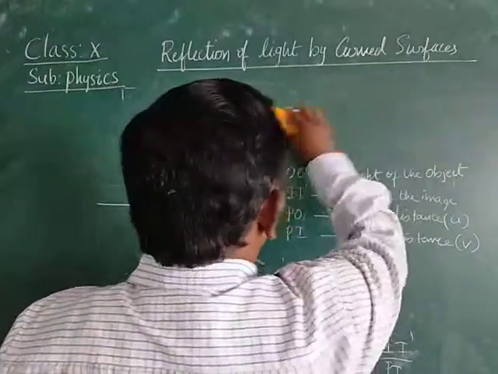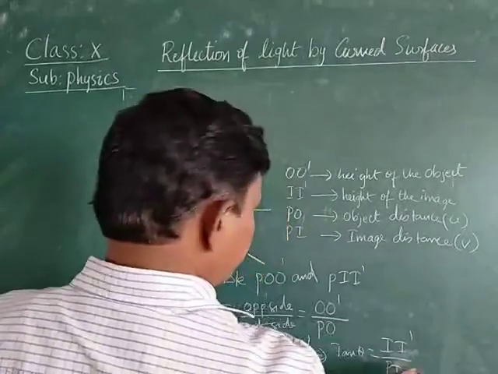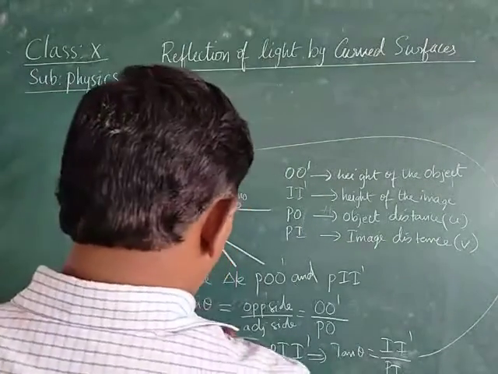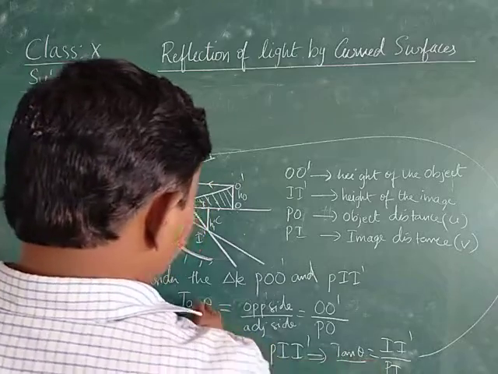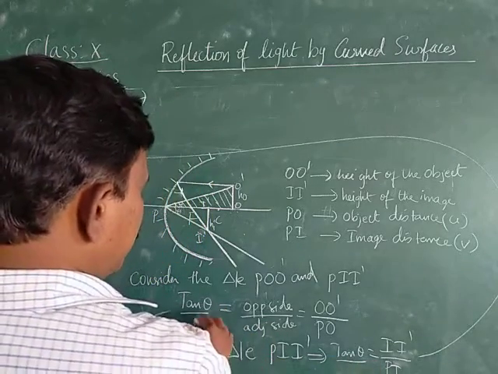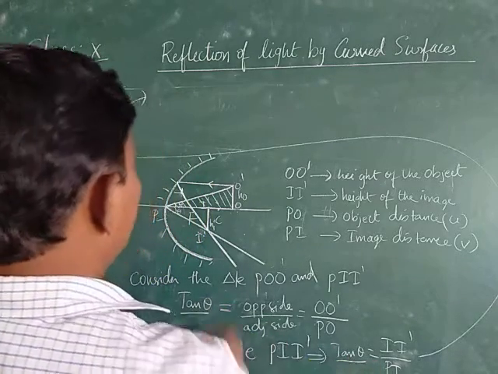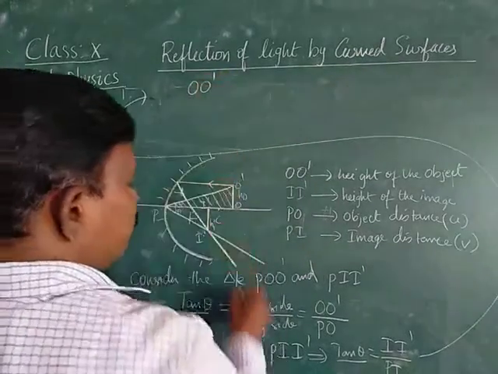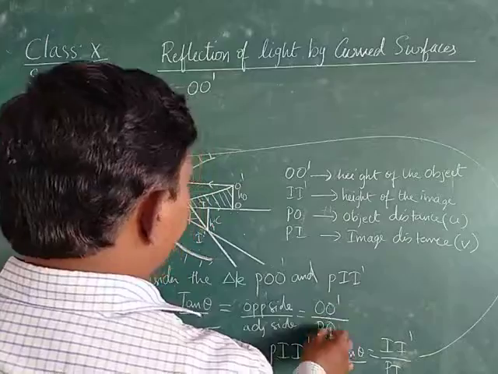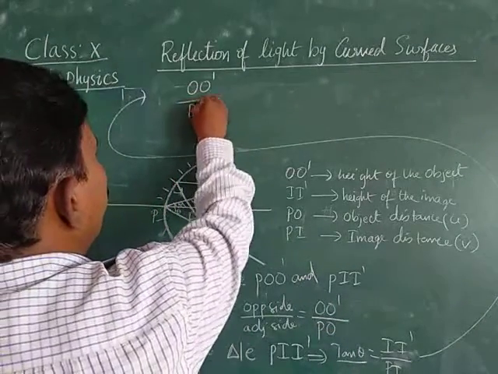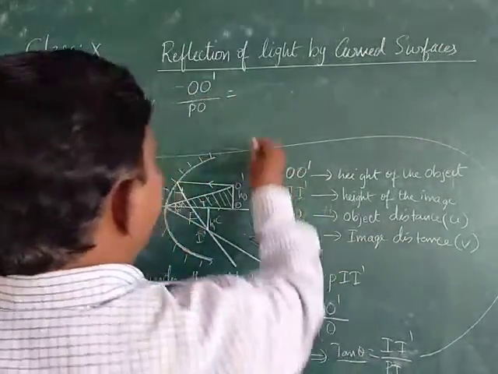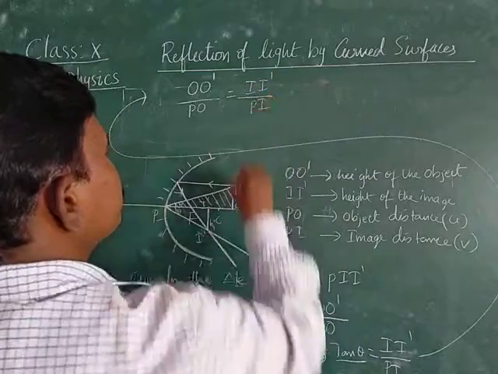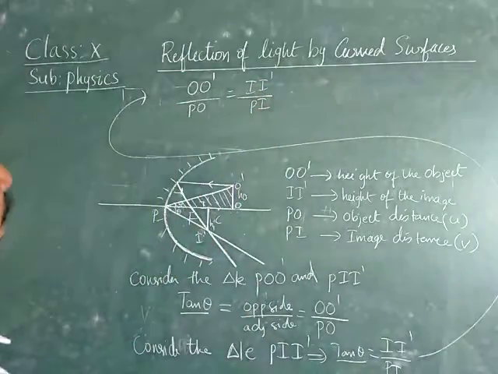Here tan theta, and here also tan theta, therefore these two are equal. The LHS are equal, therefore the RHS can also be equal. Therefore, we can write OO dash by PO is equal to I dash by PI.